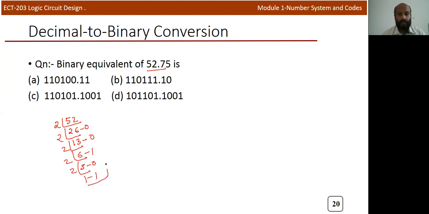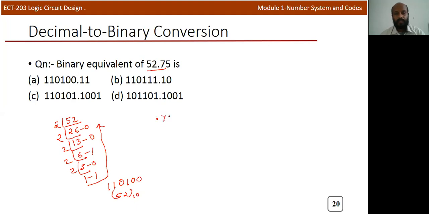So here you need to write from the reverse order. So 1, 1, 0, 1, 0, 0 will be the binary representation of 52 in decimal. Now we need to consider fractional portion.